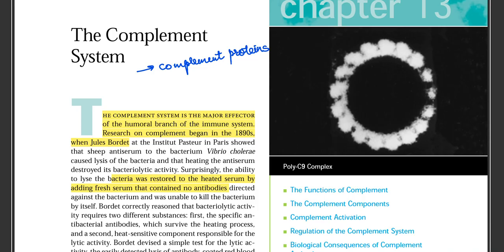But when new antiserum was added to the heat killed antiserum, without antibodies being added, it was again able to lyse the bacteria. That means apart from antibodies, there are certain other molecules in the antisera which are able to lyse and kill the bacteria. Those other molecules are the part of the complement system, popularly referred to as the complement proteins.